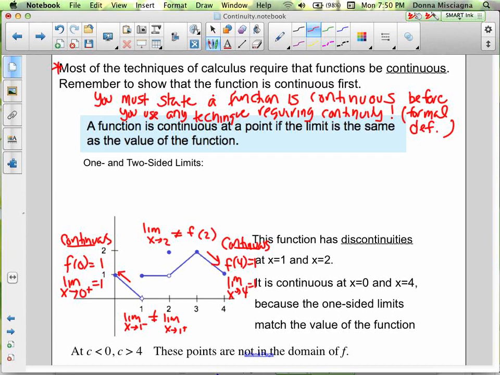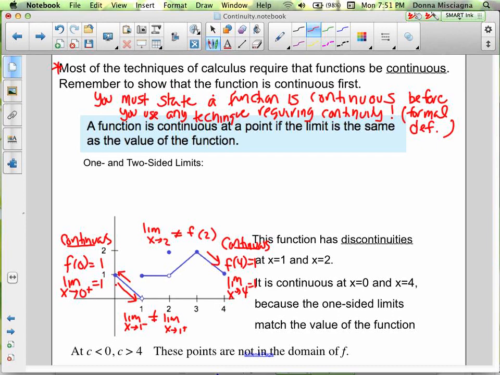Oh, excuse me, no, yes, we are. We are continuous at the endpoint, but only from one side and not from the other side. And that one picks up again. So here we have a little problem. Notice if we're coming from the right-hand side here, we have a hole in the graph.